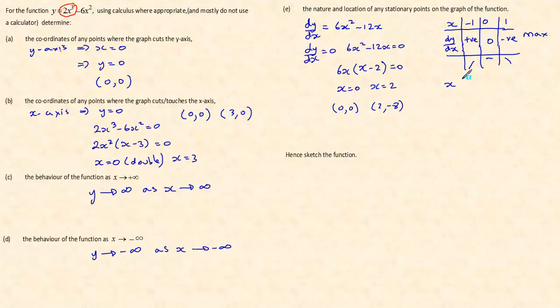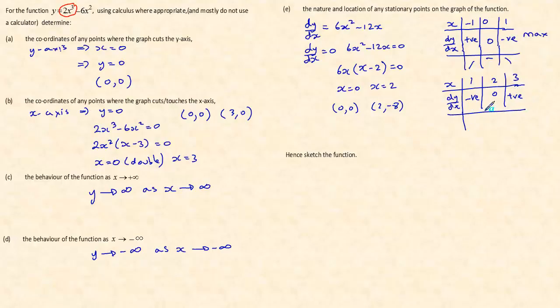And then let's look at the other point, which is 2. And 1 is to the left, 3 to the right. Let's look at dy dx. So at 1 we already know it's negative. At 3, that's 6 times 9, take away 36, so that's actually going to be positive.